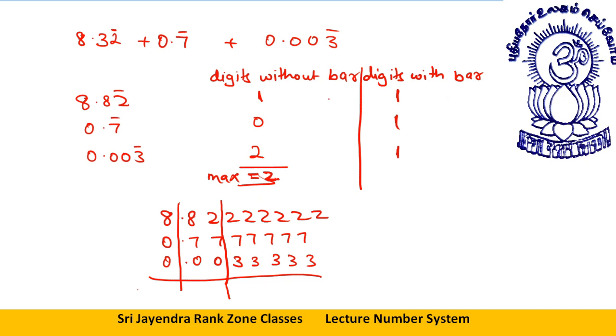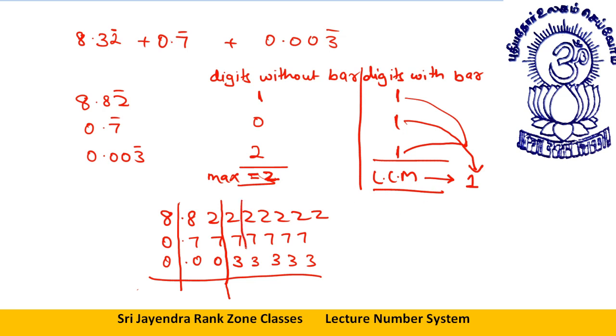Now all these numbers are 1, so the LCM of these values is 1. This is the maximum without bar, and this is the LCM part. You can just take one or two values from here, no need to take too many.